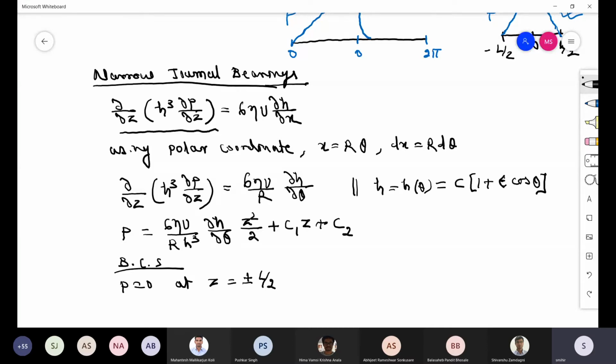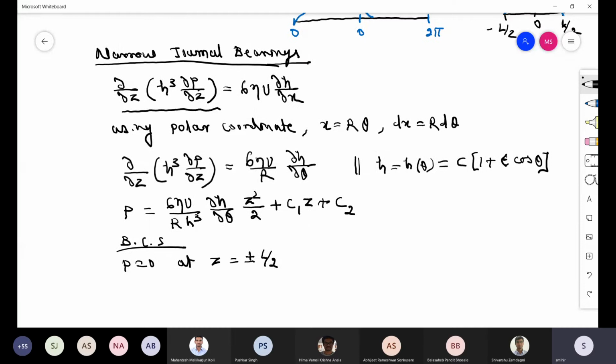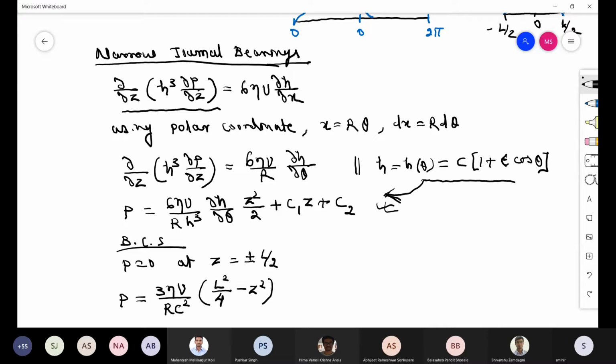If you use these two boundary conditions in this pressure equation and substitute this expression for h, then finally you will evaluate the constants and you will get P equal to this.